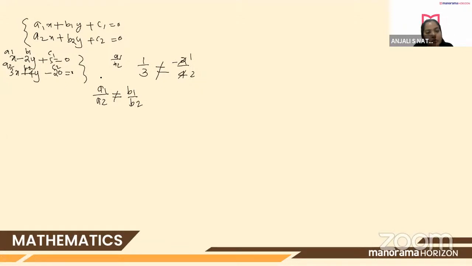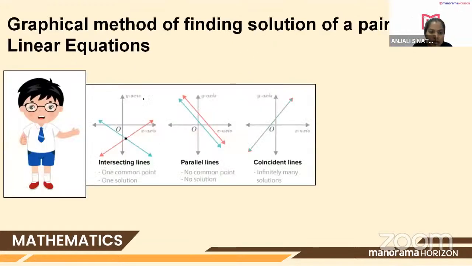So this is our first case. The ratio of the coefficients of x is not equal to the ratio of the coefficients of y. Then if we represent these equations in a graph, we get intersecting lines.